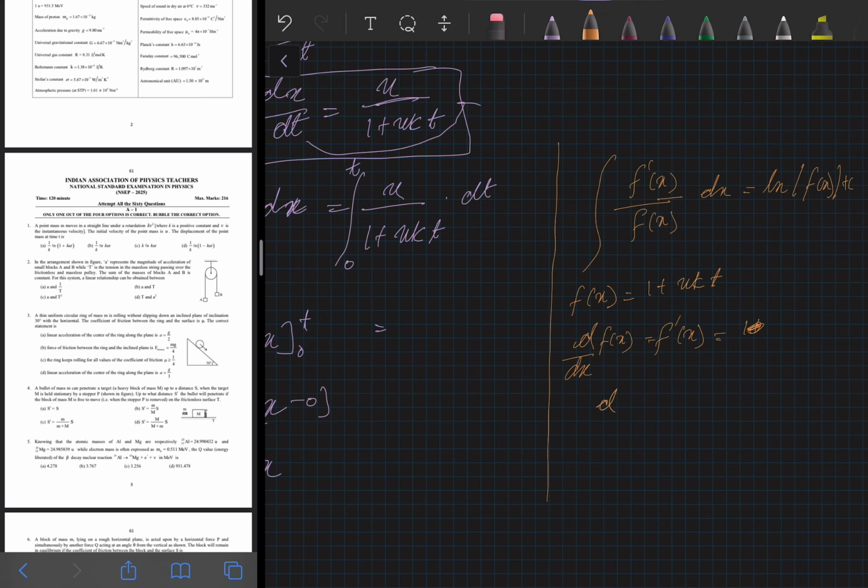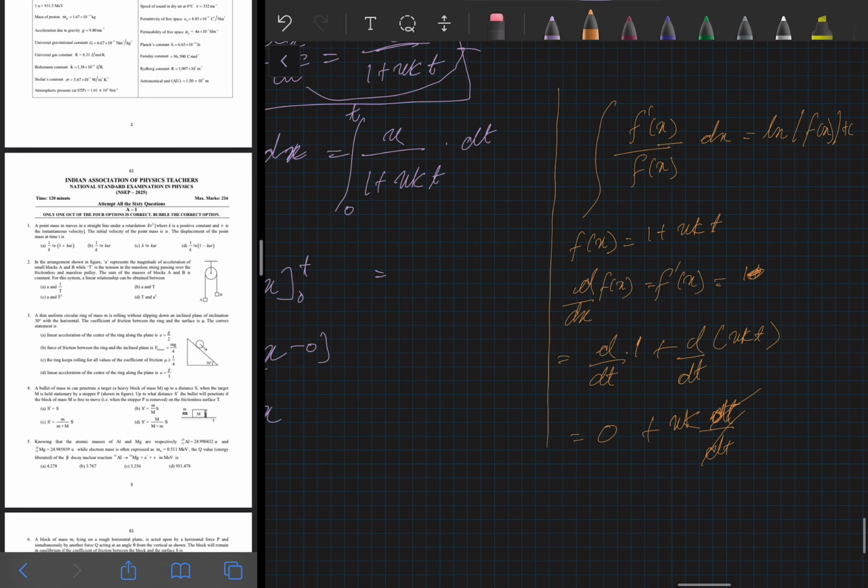It will look like d/dt of 1 plus d/dt of ukt. Now the differentiation of a constant is 0, so this will be 0, and here uk is constant, so we'll bring uk to the left hand side, and we are remaining with dt by dt. So we cancel that, and our final term will be uk. This is the value of f dash x.